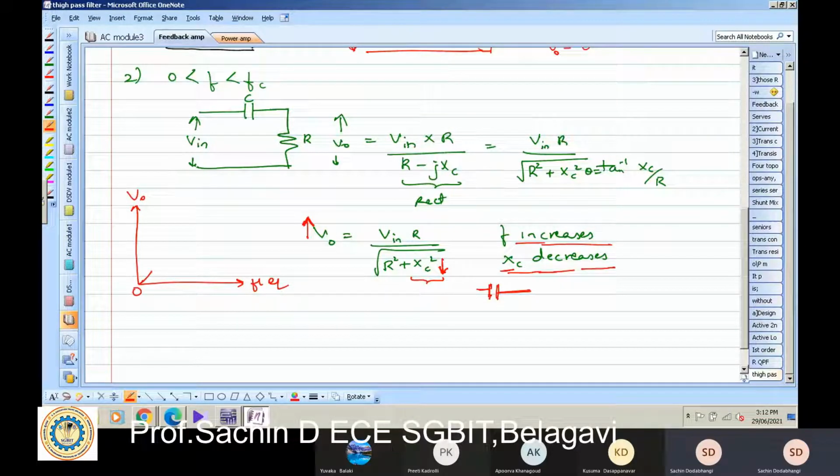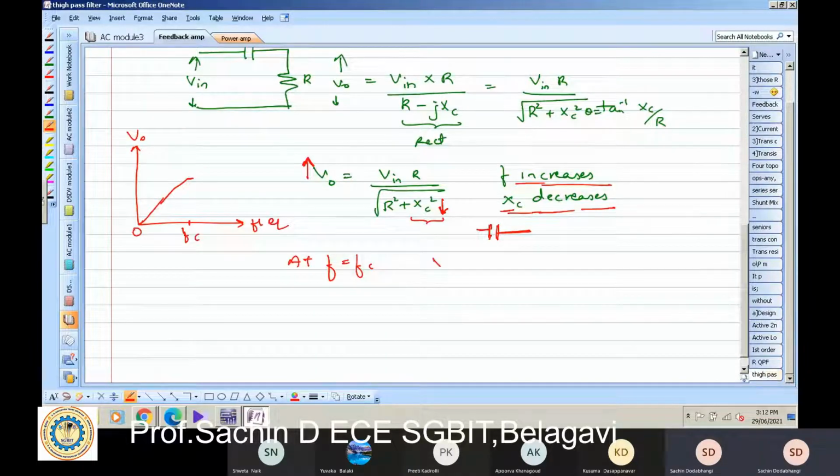Up to how much value? I am taking it up to FC. At F equals FC, XC is equal to R, you know it. What is cutoff frequency?